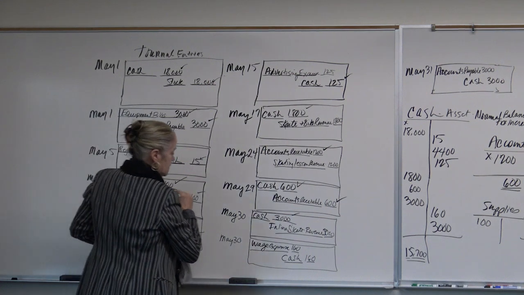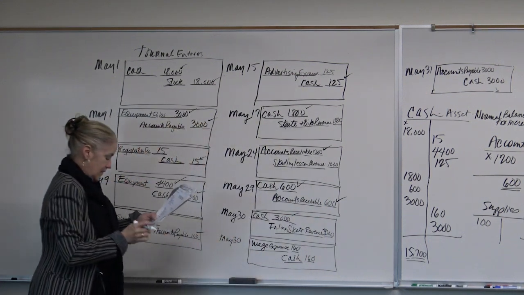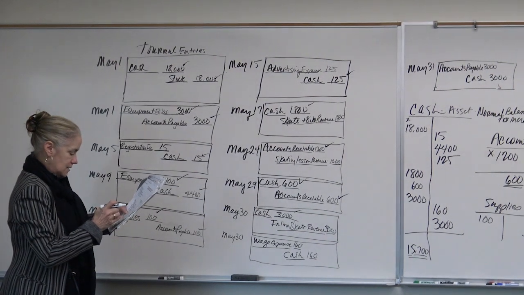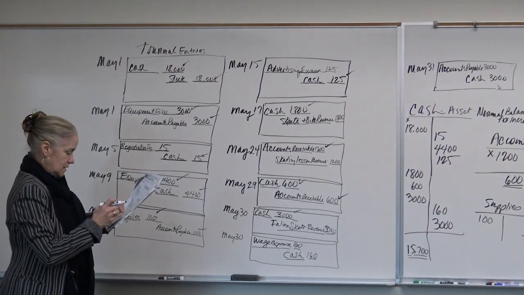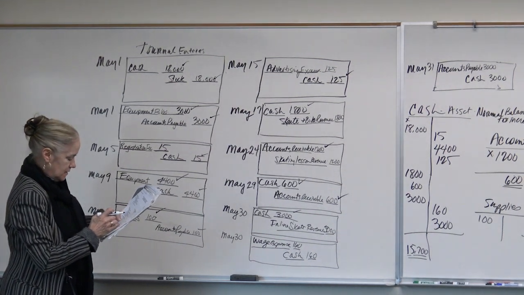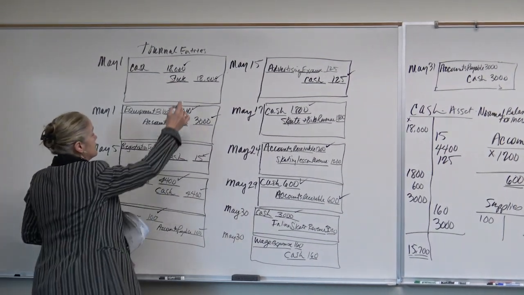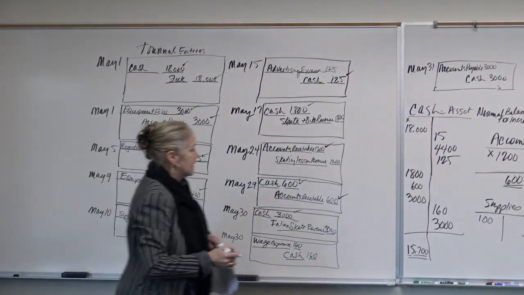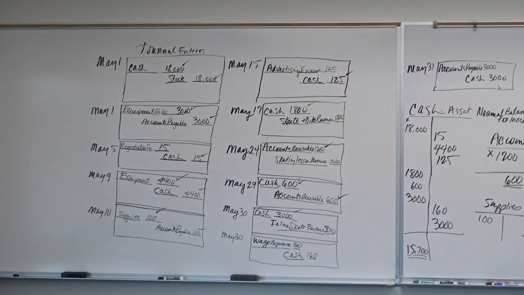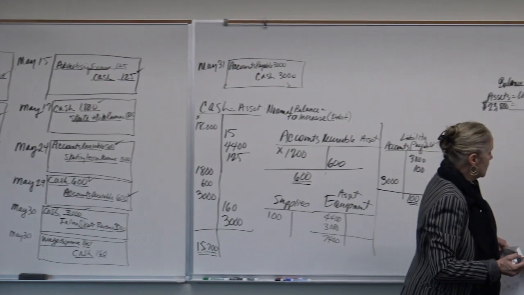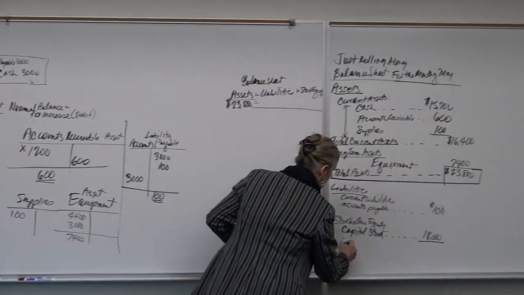Okay, that's correct. Accounts payable 100, 18,000 in capital stock, which is two partners paying $9,000 each. And then we also are going to take a look at the retained earnings.